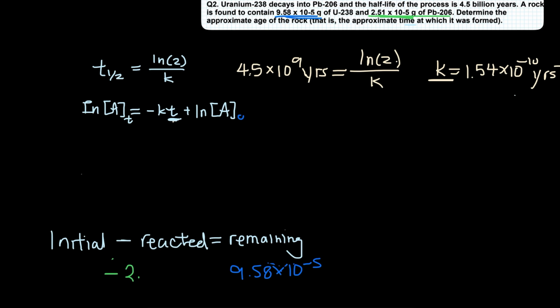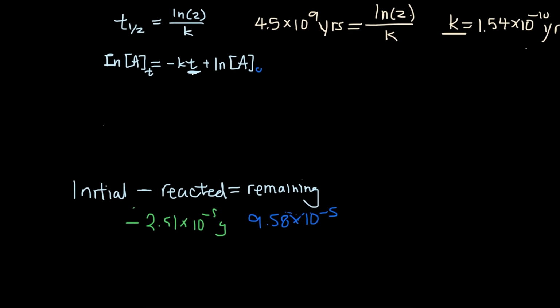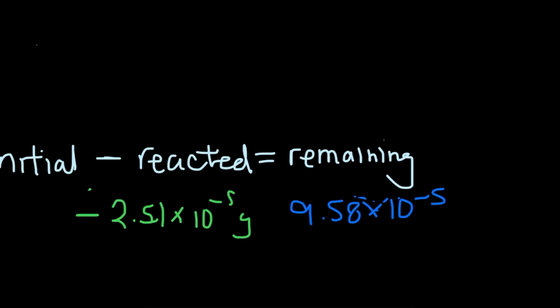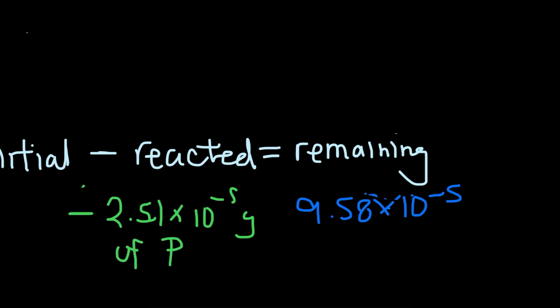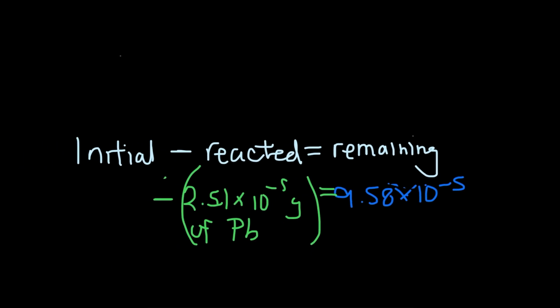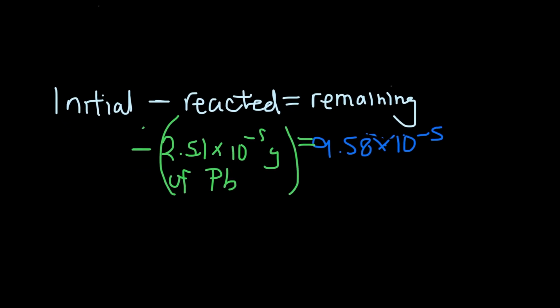But this is not the amount of uranium that reacted, because this is a mass of lead. So what we want to do now is convert this mass into a mass of uranium so that we can find the initial amount of uranium that has existed.